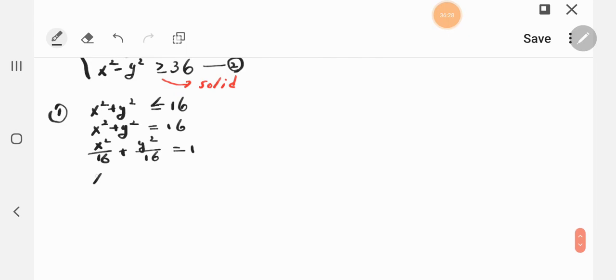This is a circle, isn't it? So we don't even have to do this one. This is x squared plus y squared equal to 4 squared. So the radius is 4.